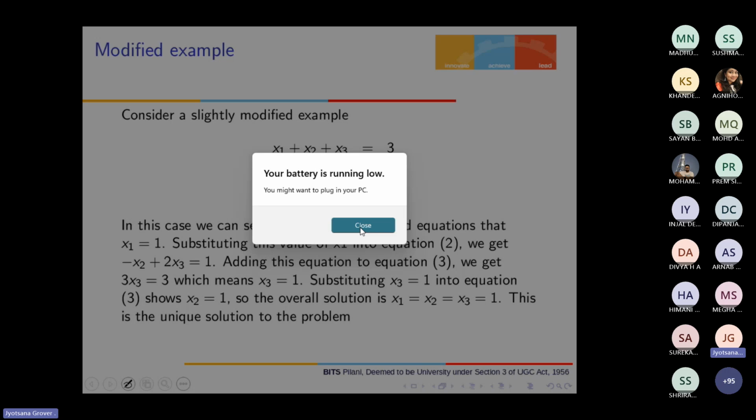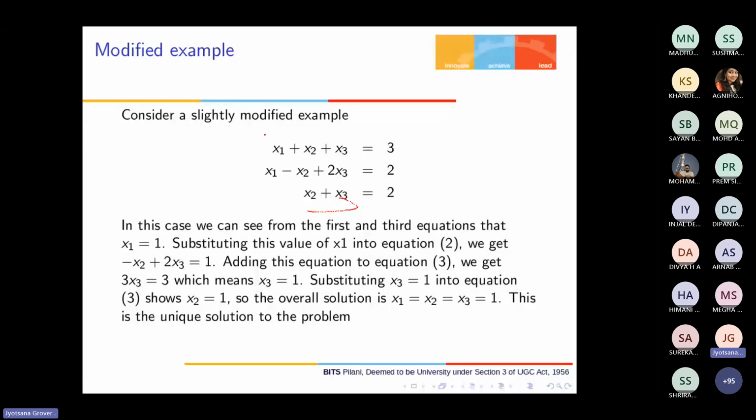Try it in your notebook. What will you get? Tell me. x1 is equal to 1. Now you have got the value of x1. Now you substitute the value of x1 in the second and third equation.